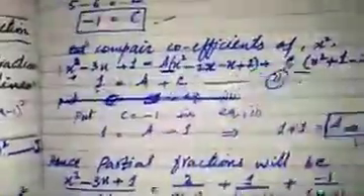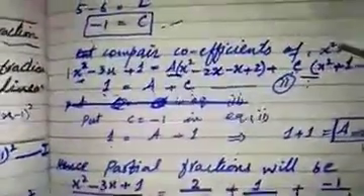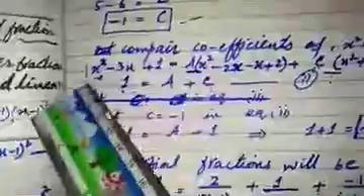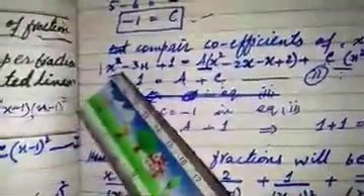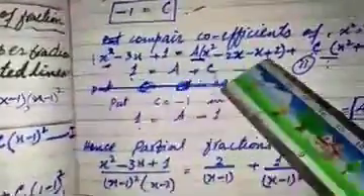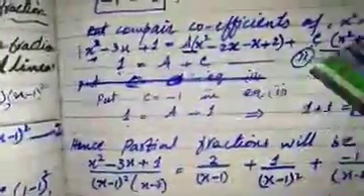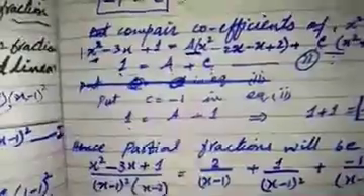Comparing now, linear factors are used, and we compare the coefficients of x squared. On the left side of the identity we will get x squared minus 3x plus 1, and on the right side we will multiply the factors, and we get a into x squared minus 2x minus x plus 2, plus c into x squared plus 1 minus 2x.